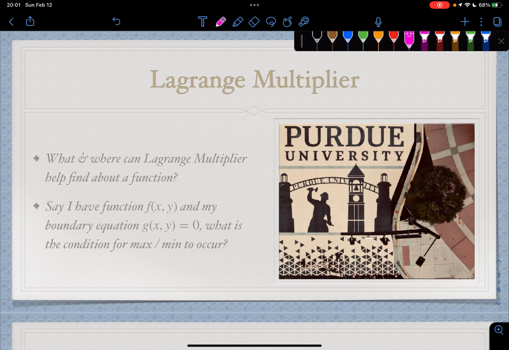What we're going to find is the function extrema. But where? This Lagrange multiplier can only help us find the extrema on the boundary of the function.